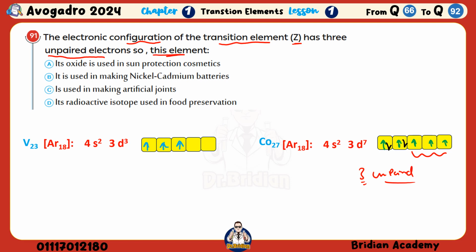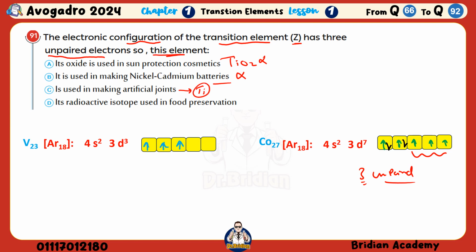Let's check our choices. First, letter A, an oxide used in some protection cosmetics. This is TiO2, not one of these elements, so it's wrong. It is used in making nickel cadmium batteries. None of these compounds are nickel or cadmium, so it's wrong. It is used in making artificial joints. Artificial joints refer to titanium.